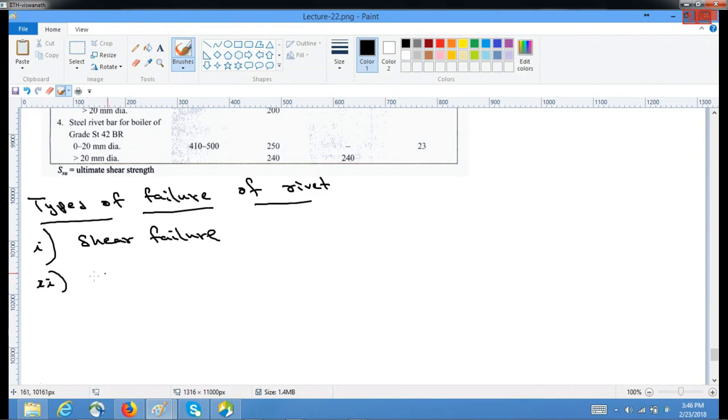First, this is the shear failure of the shank, and the second one is tensile failure of the plate between two consecutive rivets.